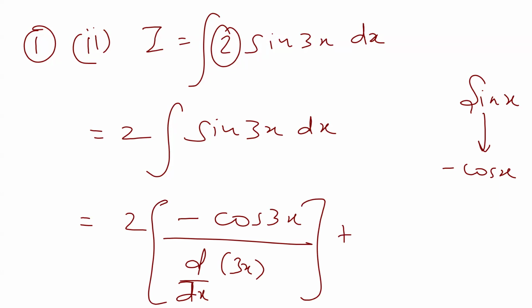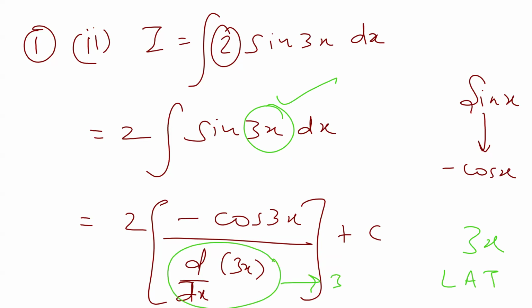Now guys tell me, who is x over here? 3x. Is 3x LAT, linear algebraic term? Yes, because x is in the base and the power of x is 1. Algebraic terms have x always in the base with power 1. So eventually this will be 3 and the final answer is minus 2 by 3 cos 3x plus c.